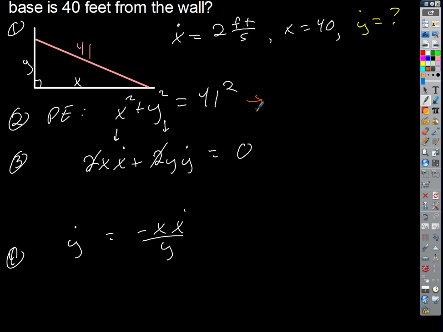If we did that, we would get y equals the square root of 41 squared minus x squared. And we could make that substitution and then just use the existing snapshot variables, but that seems harder, don't you think?